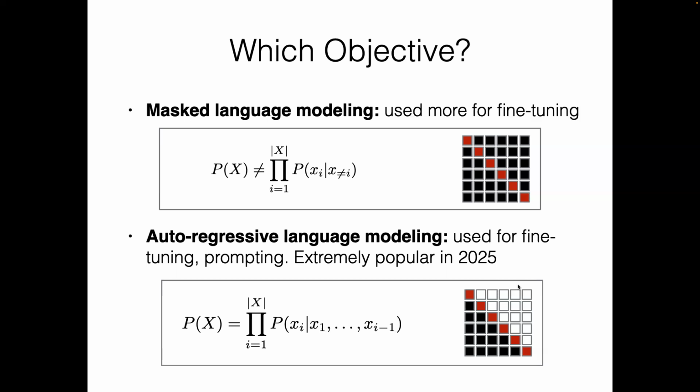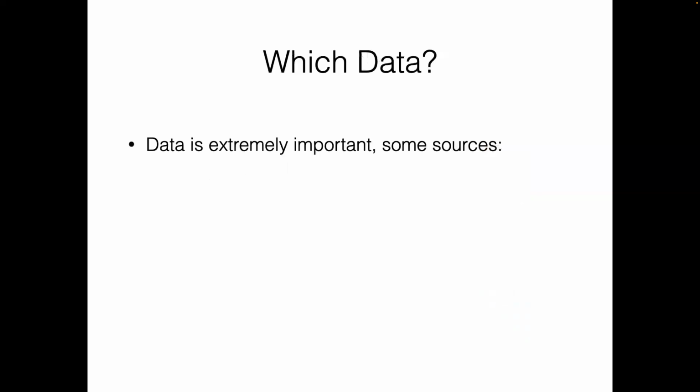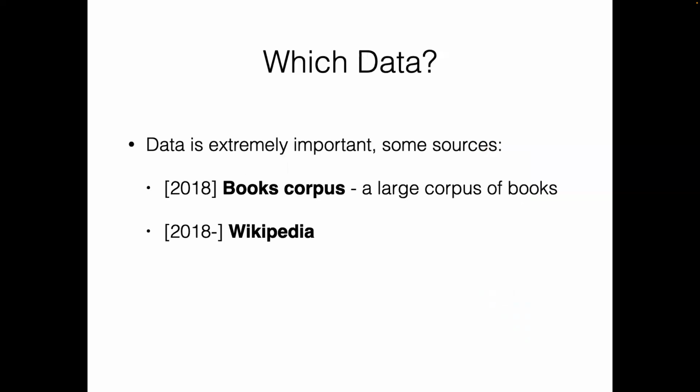Any other questions? Okay, cool. So data is very important, and a large portion of today's lecture is about data. Just as a really quick summary before going into that part, back in 2018, some of the popular sources were this books corpus, which was a really large corpus of books.